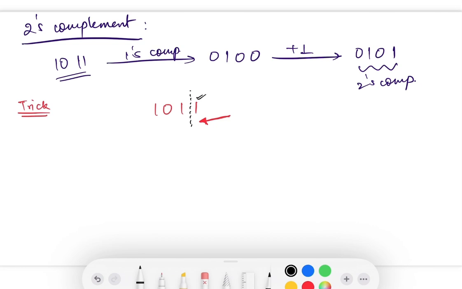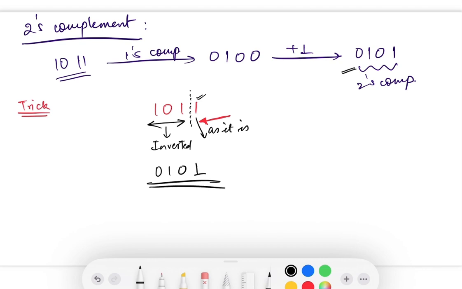The left hand side numbers must be inverted, and keep this 1 as it is. So the 2's complement is 0, 1, 0, 1. These three numbers are inverted and 1 is kept as it is. Both are the same. So this is the trick.